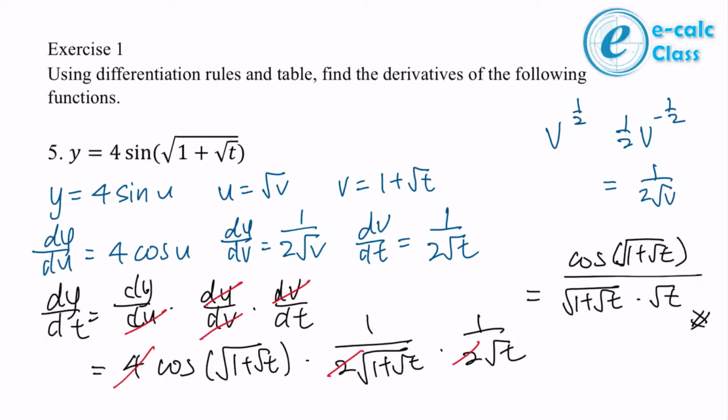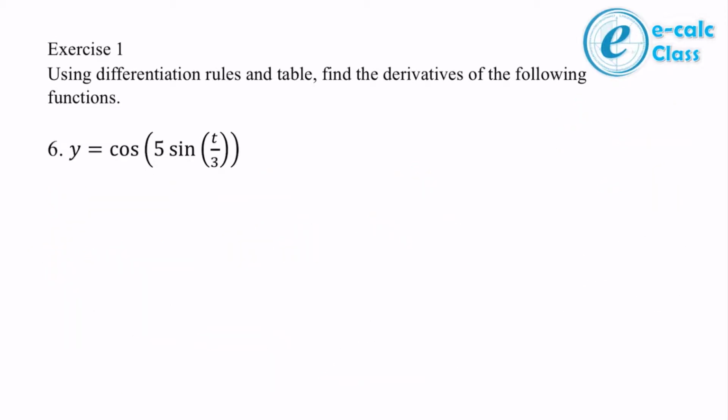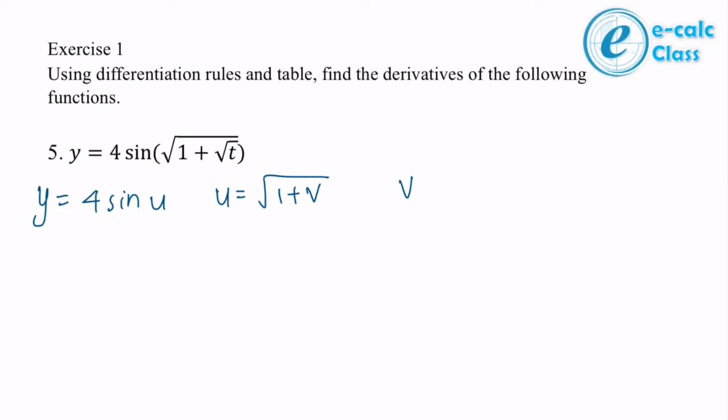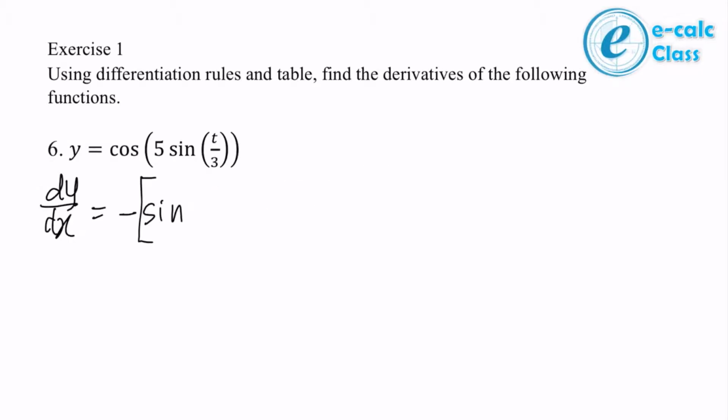Okay, moving on to the sixth question. So it's trig again. It's chain rule again. dy/dx will be differentiate outside function. Differentiate a cos, you get a negative sine. Then I think you better put a bracket here because you have a few layers.